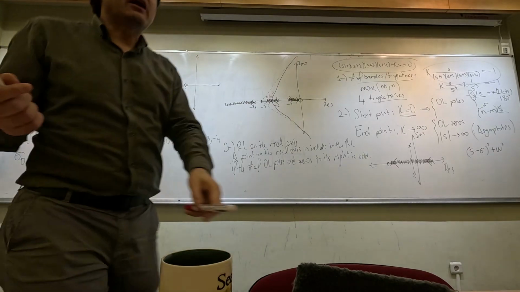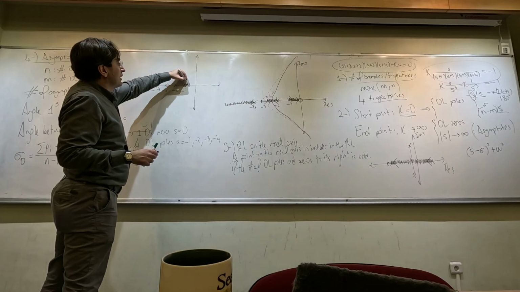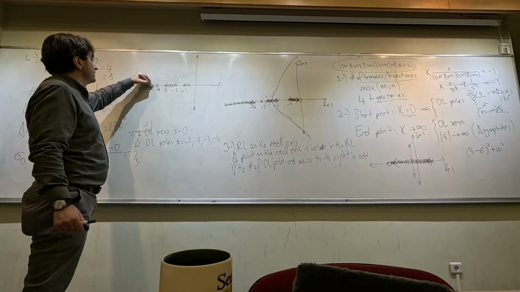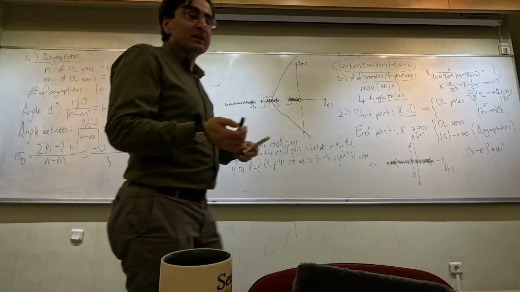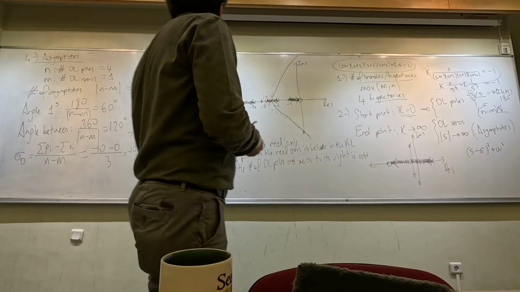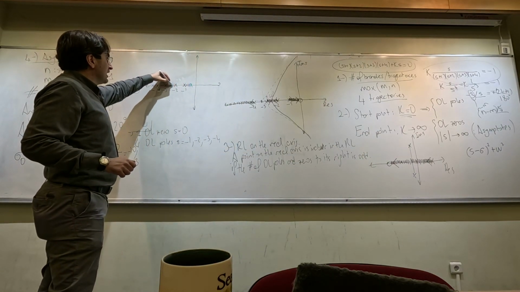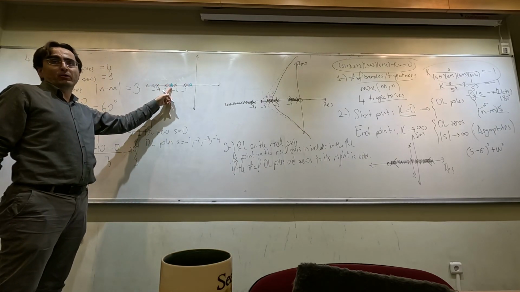Okay? As I increase k even further, I will get this pole here, and these two poles will be here, and this pole will be here. For some specific k value, this pole is going to come here, and there will be two poles exactly on top of each other at this point on the real axis.